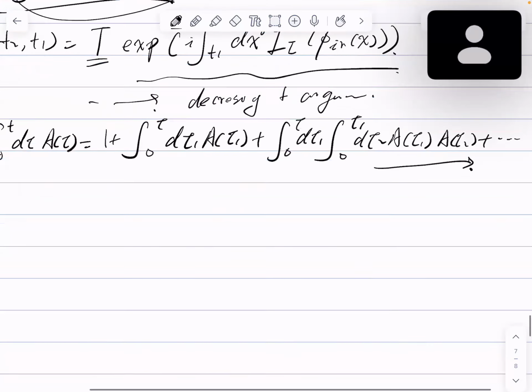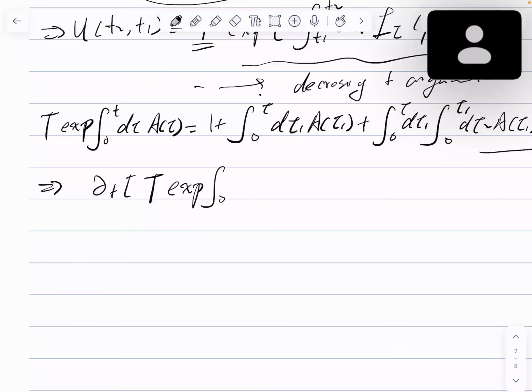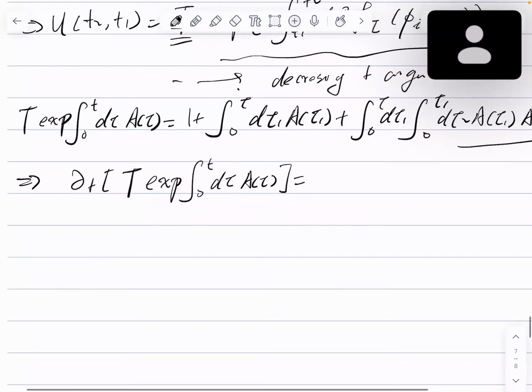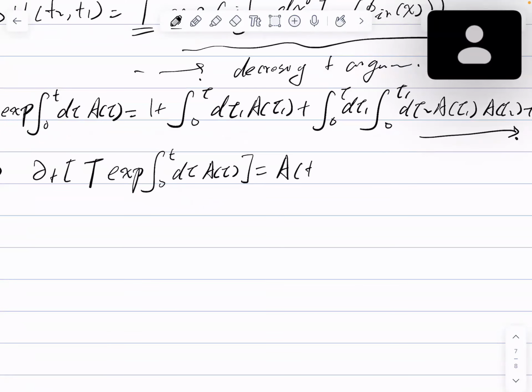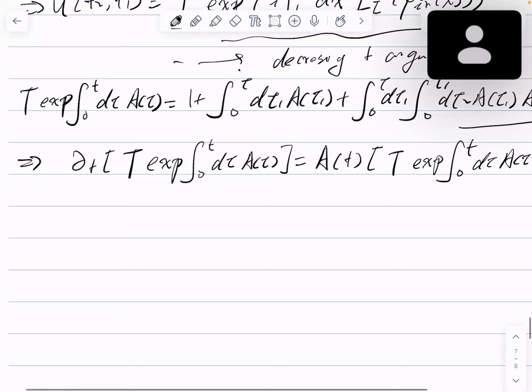Using such a solution, we can easily check that it satisfies all the properties we require: the derivative of the time-ordered exponential gives A(t) times the time-ordered exponential. It can be checked very easily.